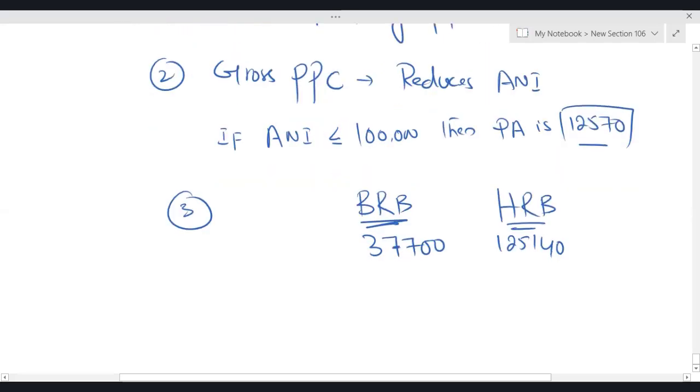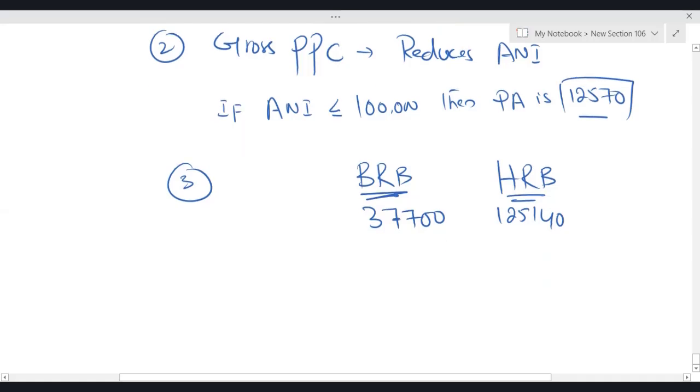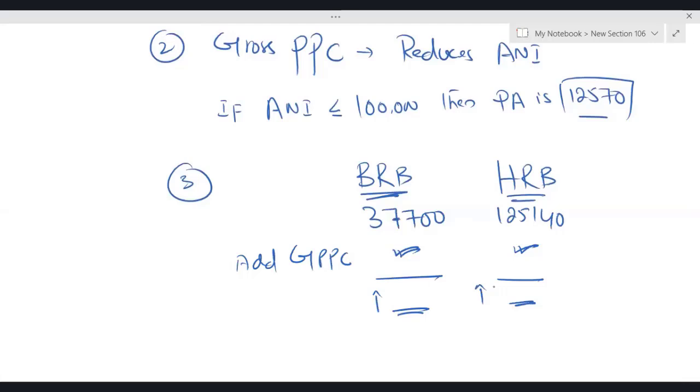In case of gross PPC, we add gross personal pension contribution here as well as here. So logically, your basic rate band limit will increase as well as your high rate band limit will increase. So the third and last consequence is that by gross PPC, your basic rate band and high rate band limits will increase.